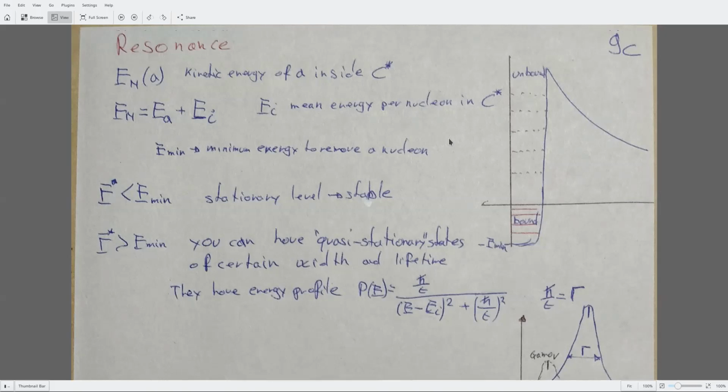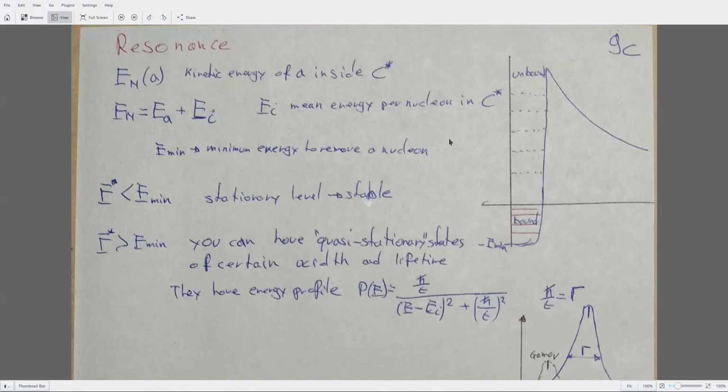a nucleus can be quite similar to the atom. You can equally have a shell model inside the nucleus. Like for the atom, with the electrons outside in orbitals of several energies, the atom can be at several energies: the lowest, with all the levels filled and the electron in the lowest possible energy state.